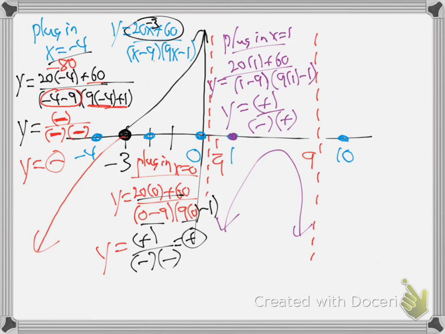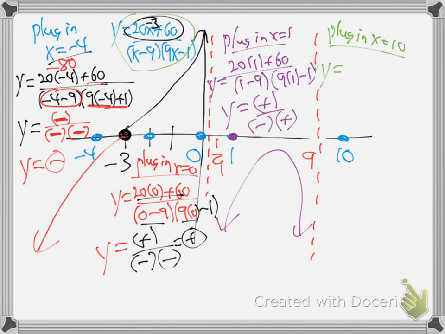Finally, over here on the right, plug in x is 10 to the same function. Whoa, I'm getting weary of this problem.